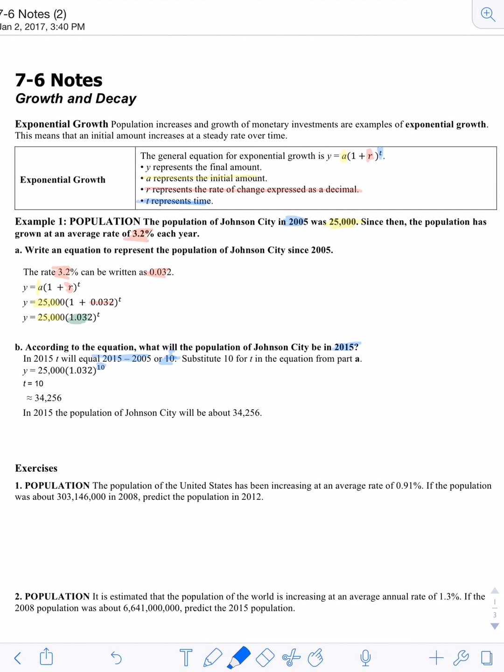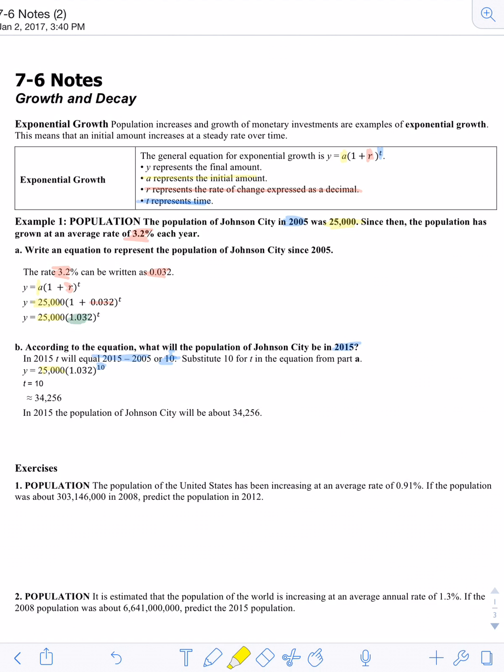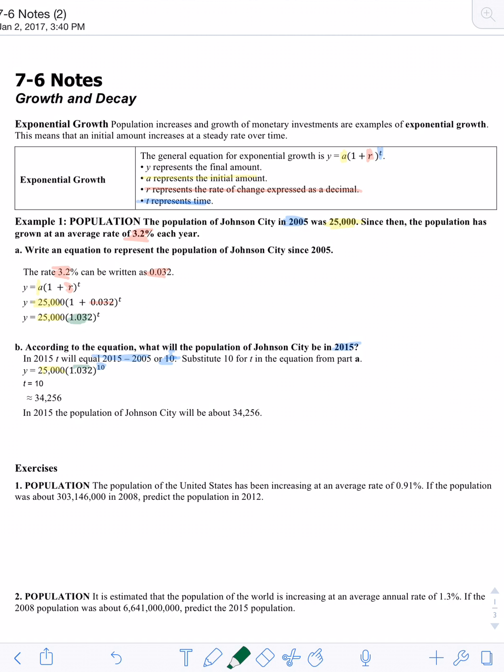That's what they plugged in for T. Again, they still have the initial amount, which was 25,000. This 1.032 that I highlighted in green earlier was adding the 1 to our rate. And then the blue, which is T or time, was 10. And so they plug this stuff in, and you get about 34,256.